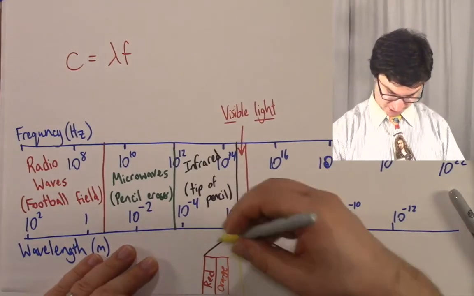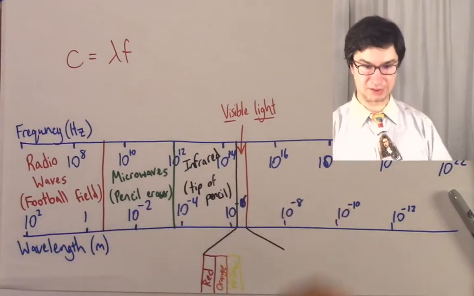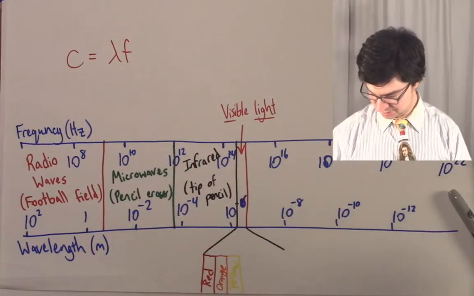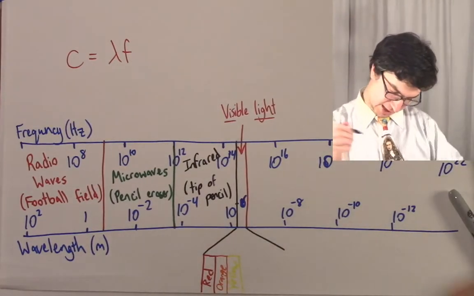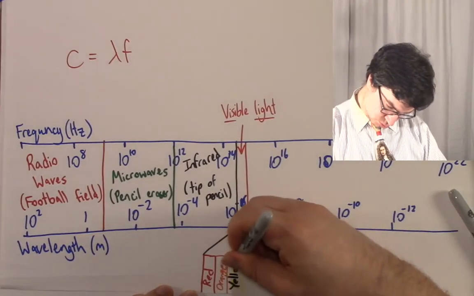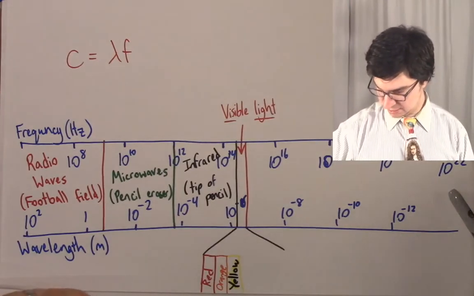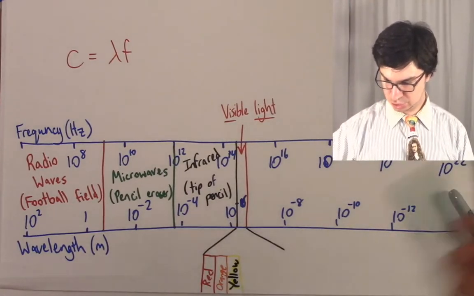Oh, you can barely even see that. This is yellow. Oh, that's just comical. Nobody can see that. Let me write it in black. This is yellow. Okay. Following yellow, green.